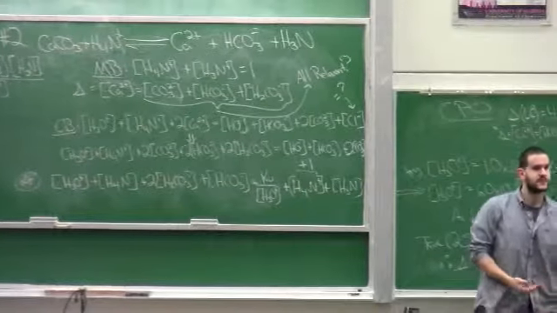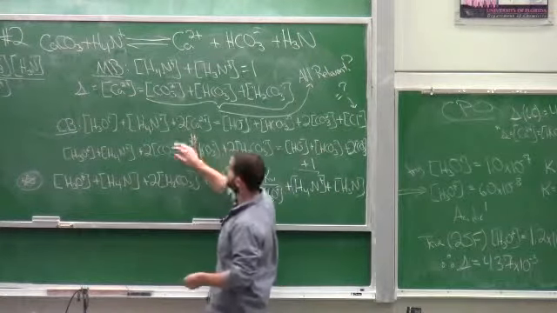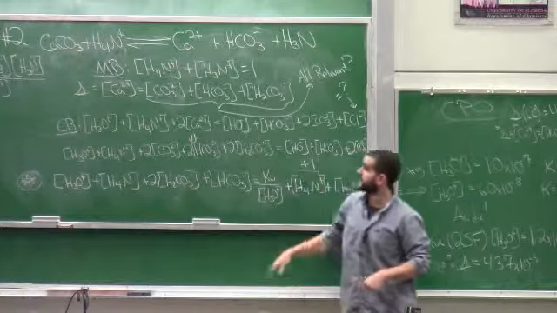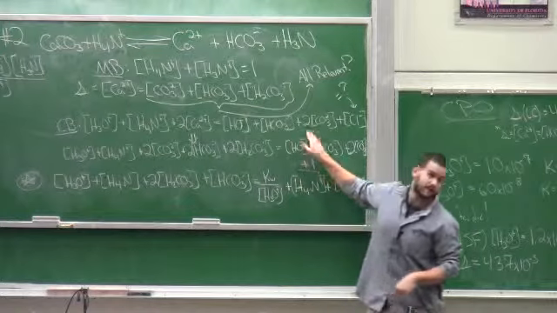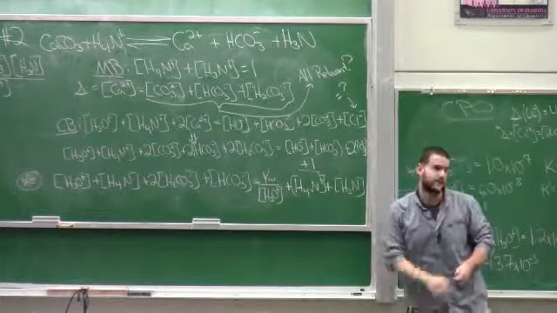Remember, calcium ion is 2+. It needs to be counted twice because we're talking about the charge, not just the material itself. Charge is what matters. Equal to concentration of hydroxide ion, bicarbonate ion, twice carbonate ion, again doubly negative, and chloride ion.